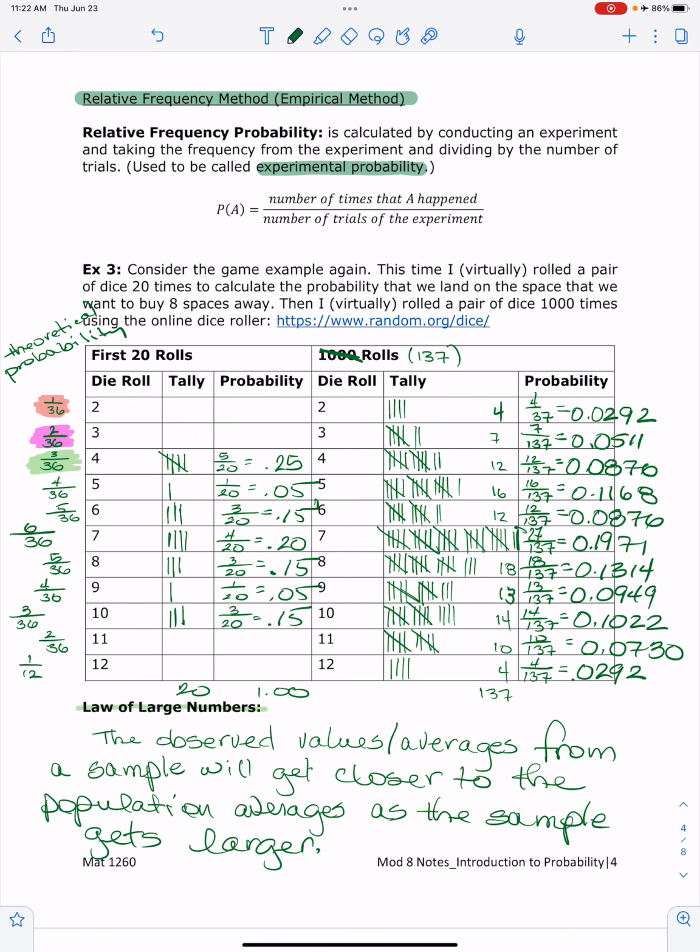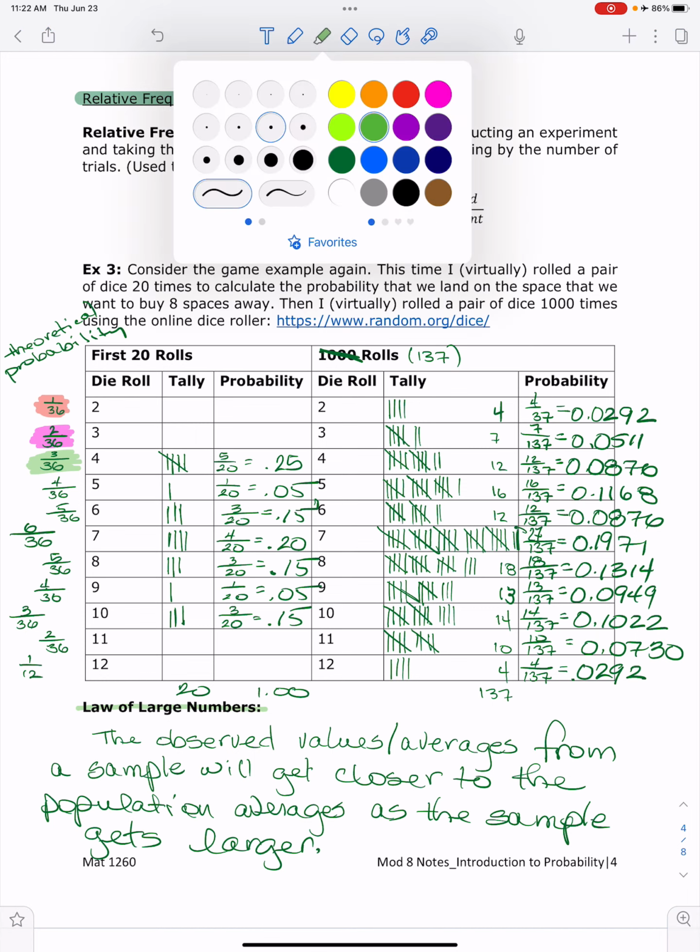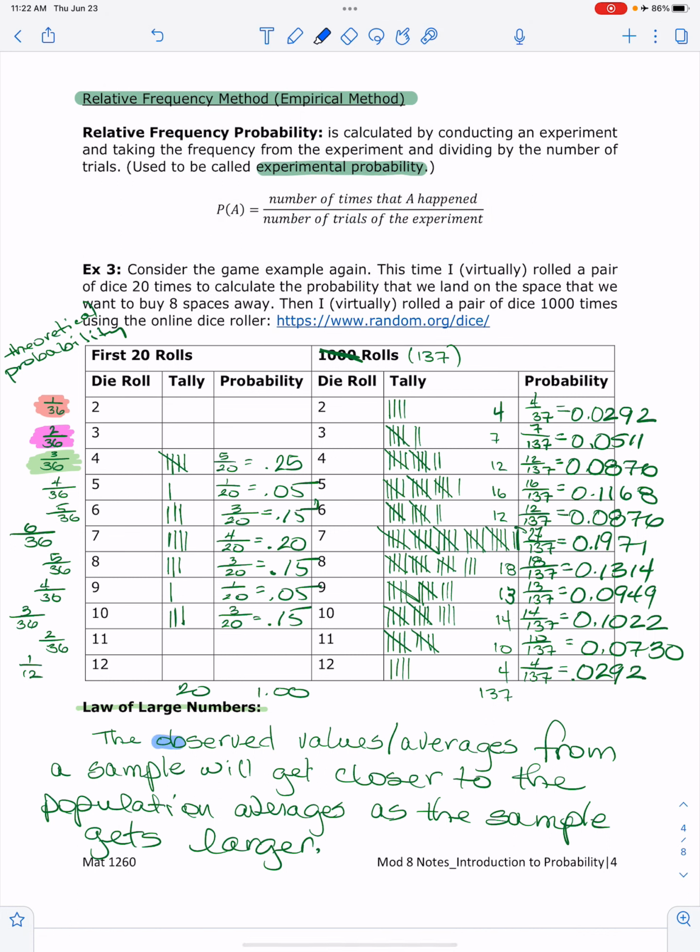Okay, now I am going to change this up just a little. Our observed values and averages, those are, and let's change color, those are our relative frequency probabilities.